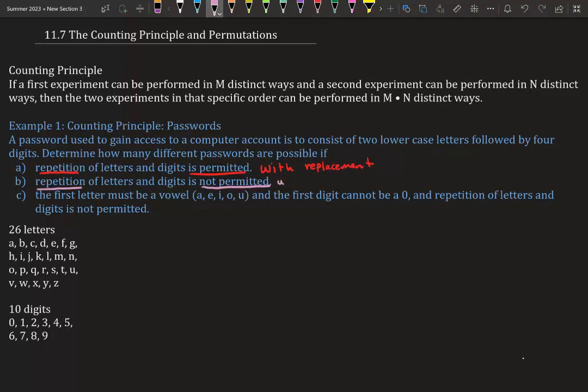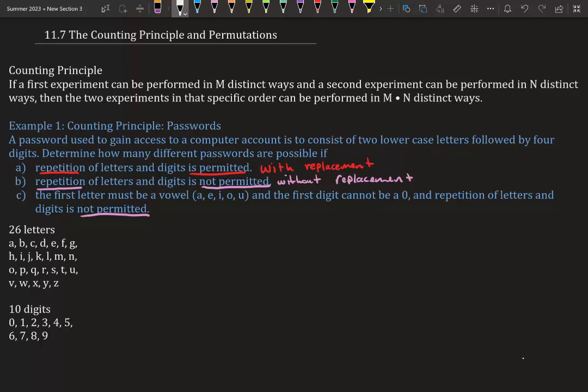That means without replacement. And that's the same thing for C. Repetition is not permitted as well. Alright, so for A, we have with replacement, and B and C, we have without replacement. So let's just keep that in mind as we go through the example.